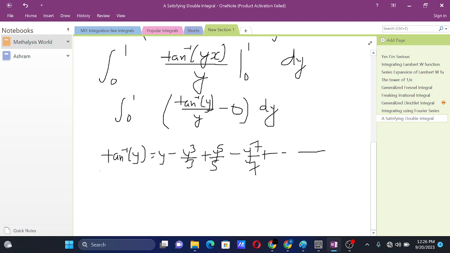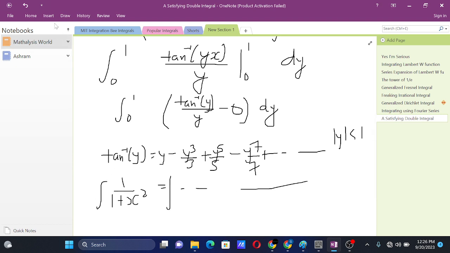This series expansion holds if the modulus of y is less than 1, and that's the case here in the question as well. If you want to derive this, you can first expand 1 by 1 plus x square using geometric series, and then take the integral on both sides. That will help you derive this series.